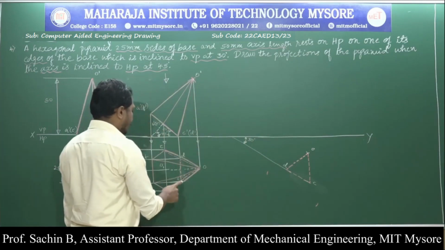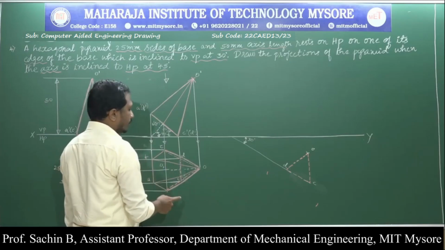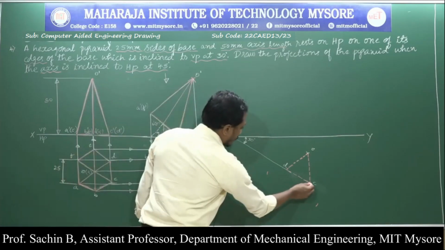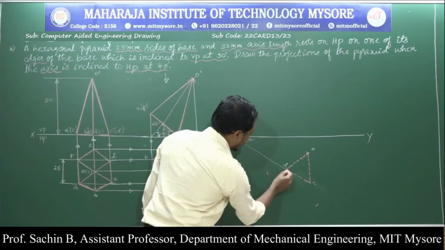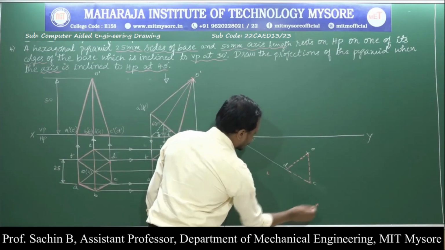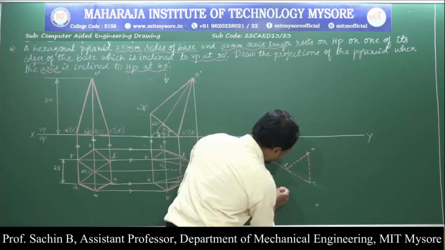Next I am going to measure from C to E or from D to B. If I measure from C to B, I am going to intersect this arc, and again from D, I am going to intersect this arc. Next I will join the lines.